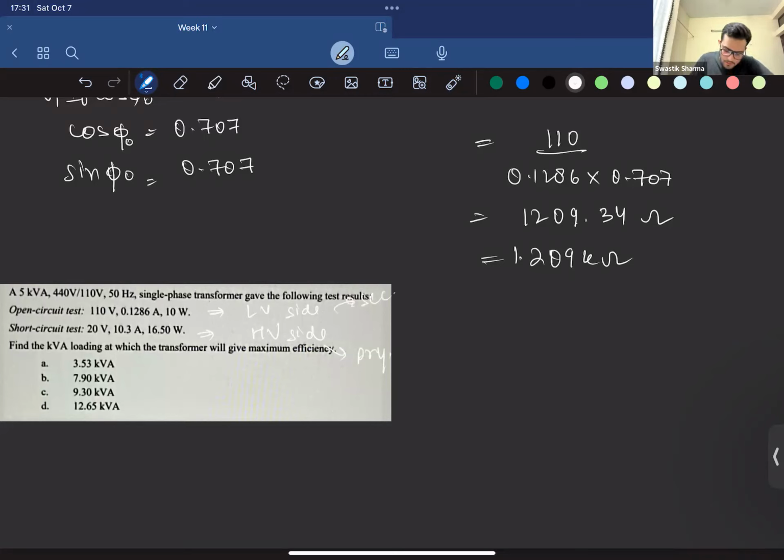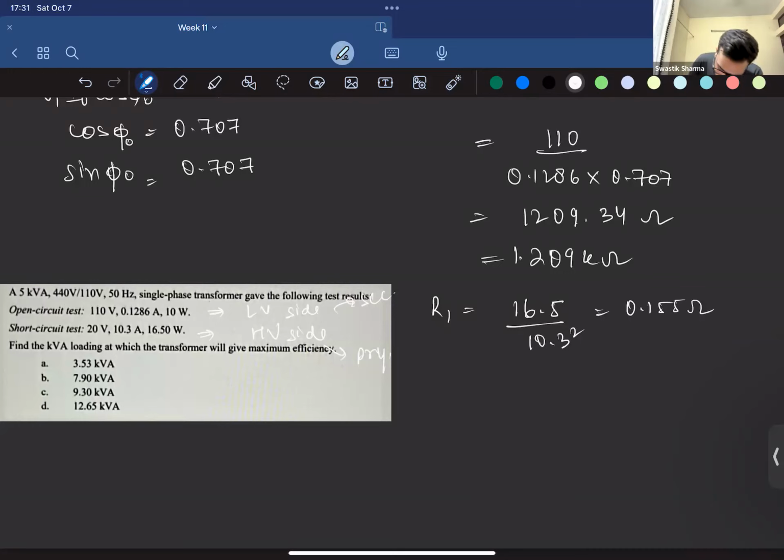Now, the short circuit test will give us the primary side equivalent resistance, right? So what is it going to be, since 16.5 divided by 10.3 squared, right? So what is it going to be? 0.155 ohms, right?